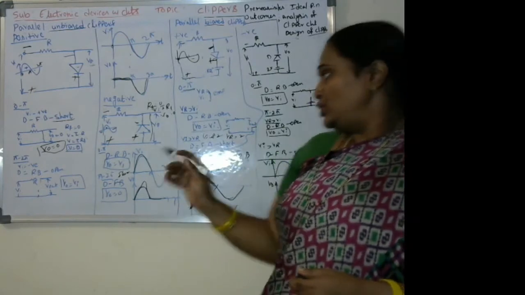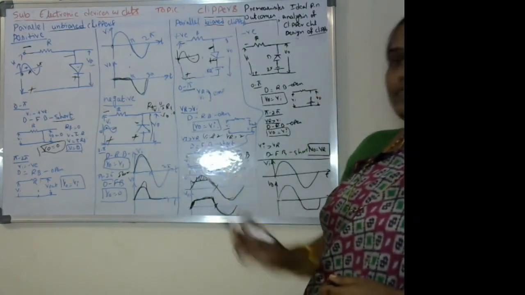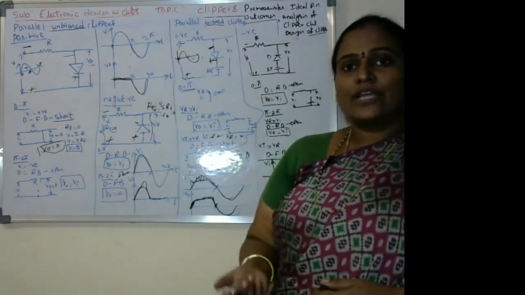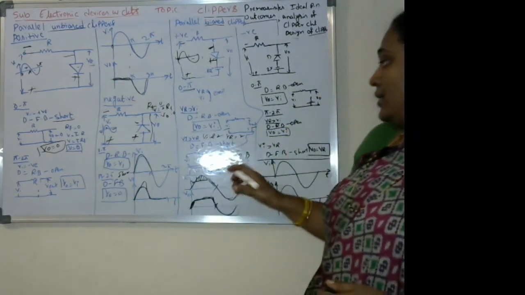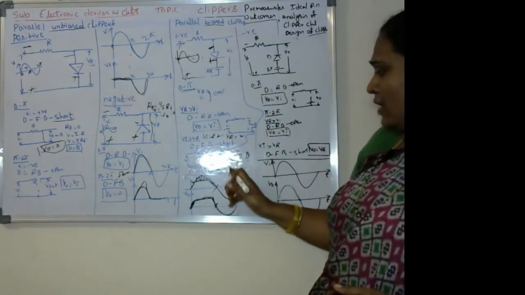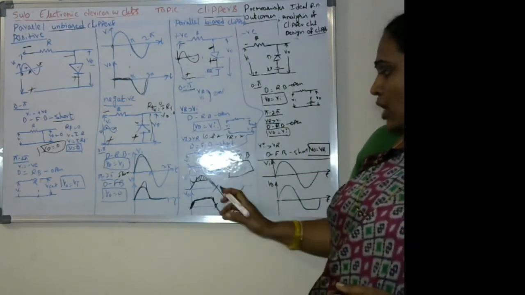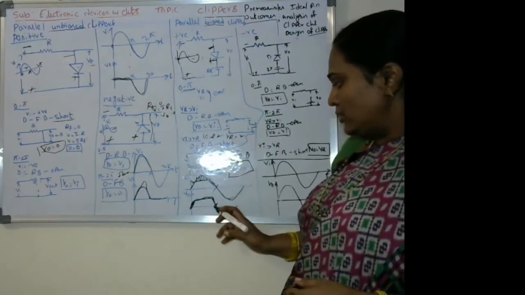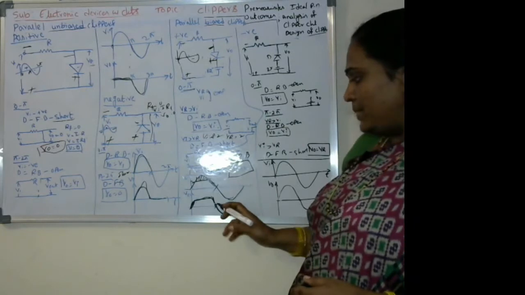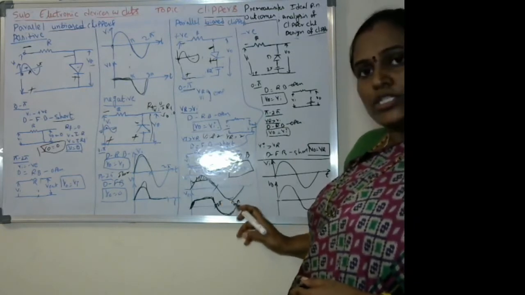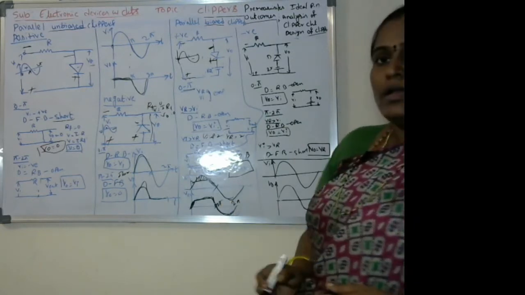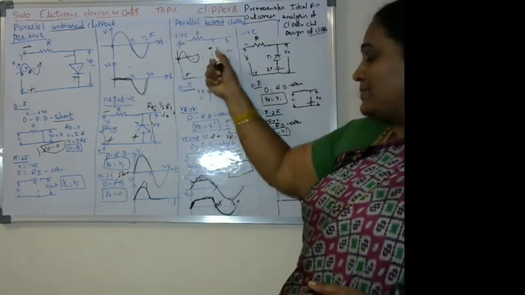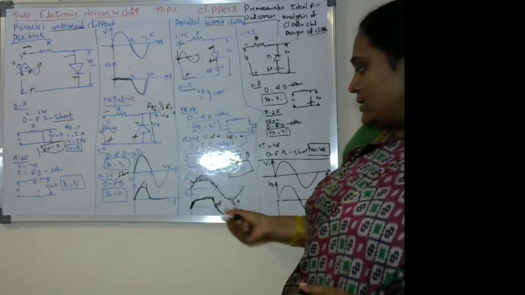In the reverse bias case it acts like an open circuit. Whenever the diode is open circuit, V0 will be equal to Vi. So however much the input is there, we are going to get the same output from pi to 2 pi of the input voltage. Since it goes for the reverse bias case, you are going to get the same output with respect to the input.